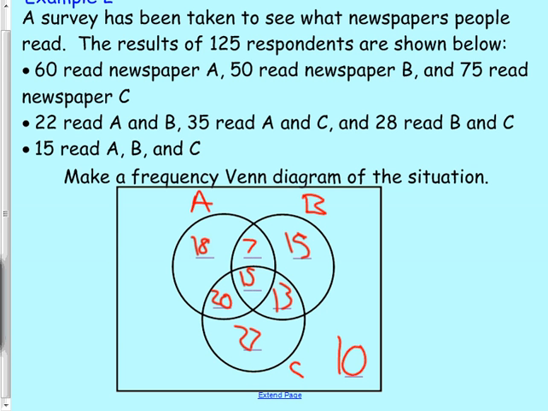We're going to only poll people who get newspaper C. What's the probability that they also read A or B? I'll say that again. Given the only people we're going to ask are people who read newspaper C, what's the probability that they will also be a newspaper A or B reader?